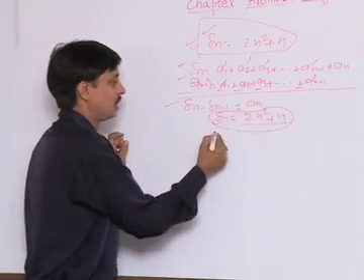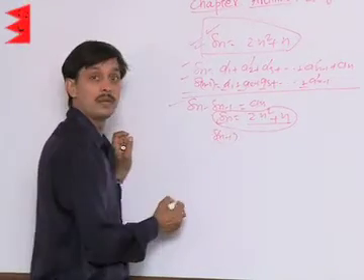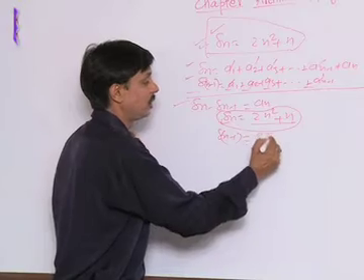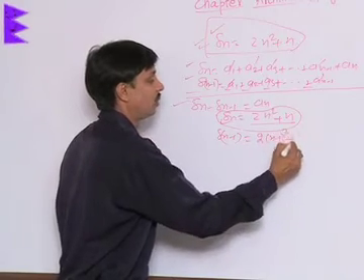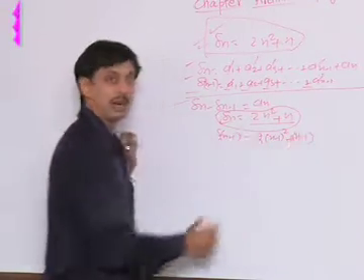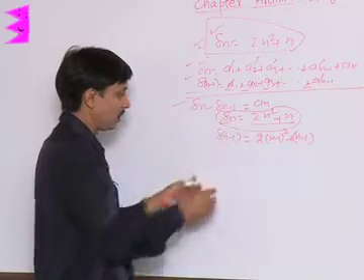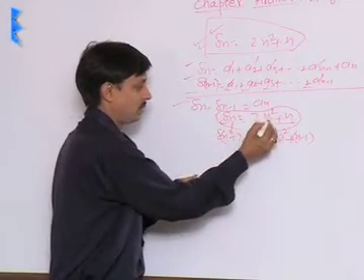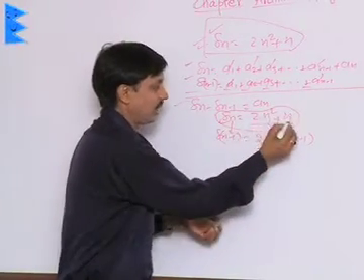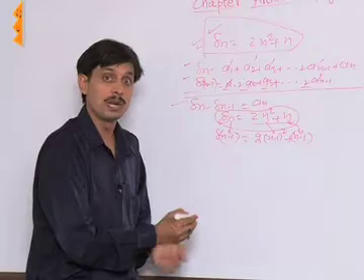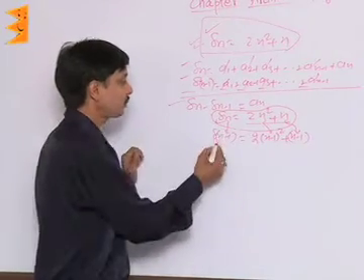Sn we have this. What is Sn minus 1? Sn minus 1 means 2 into (n minus 1) whole square plus (n minus 1), because n is replaced by n minus 1 in Sn.